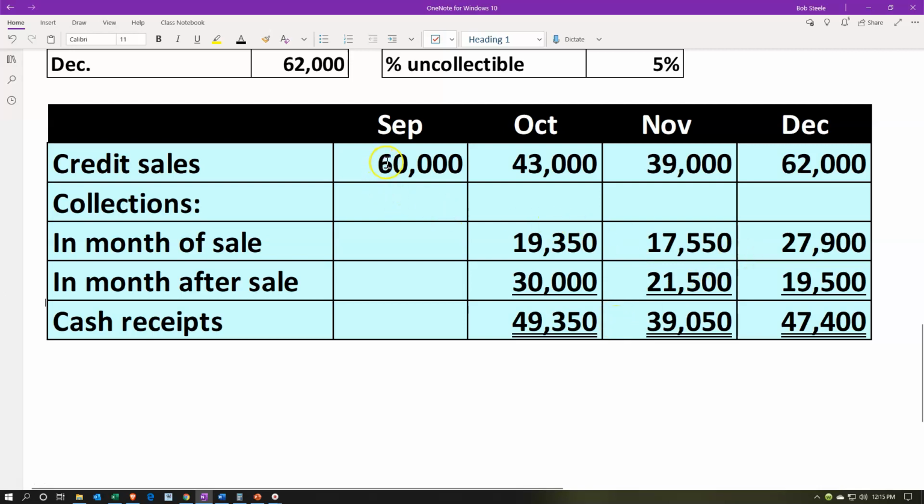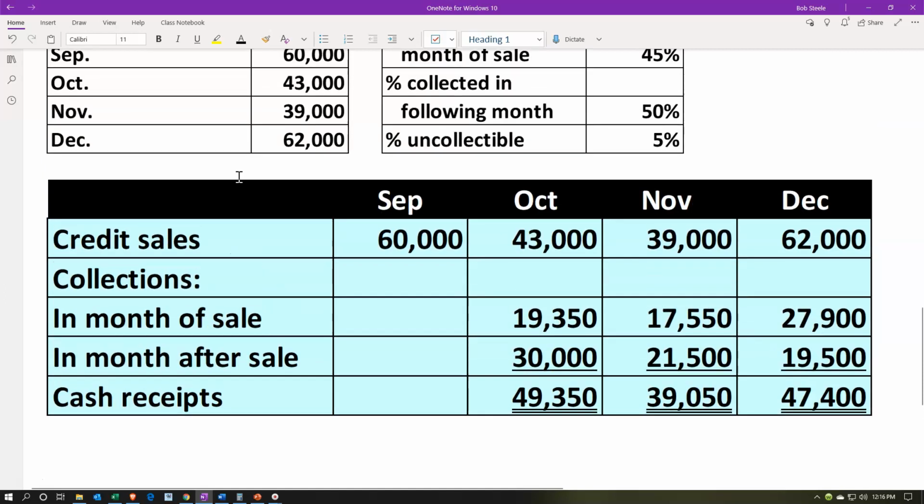This information up top is just informational to help us out with what we want, which is the cash collections, which are going to be starting down here and below. Notice that when we think about these types of schedulings and projections into the future, we first would need to do the sales projection to think about how many units we're going to be selling, and then what's the sales price.